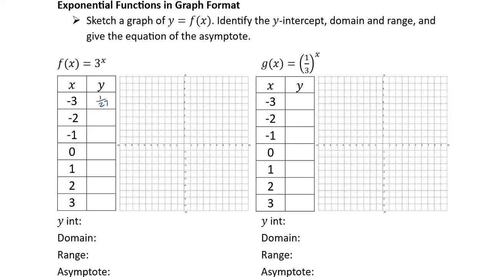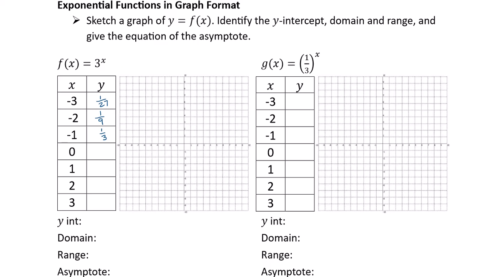If x is negative 2, we would have 3 to the negative 2, which is 1 over 3 squared, which is 1/9. Output of 1/9. If I let x equal negative 1, 3 to the negative 1 is 1 over 3 to the positive 1, or 1/3.